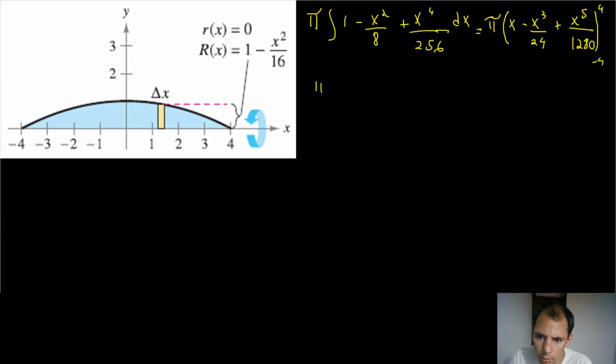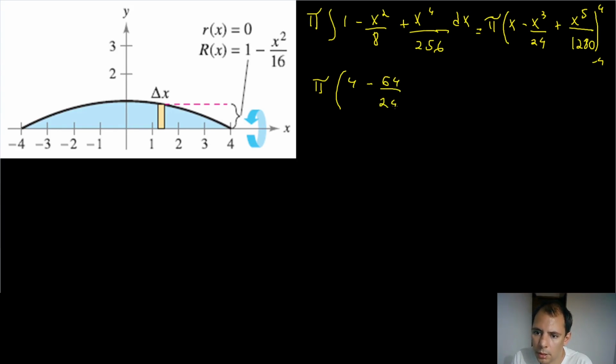Well, let's see. Pi times 4 minus 64 divided by 24.